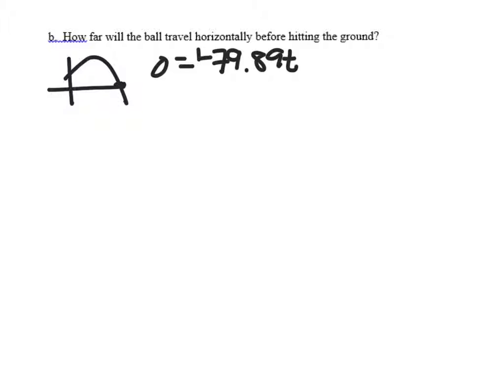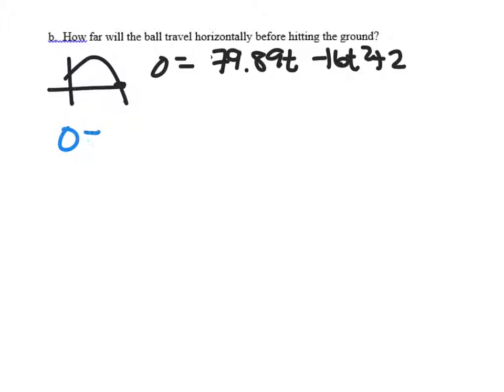If I want to know how far the ball traveled horizontally before hitting the ground, I'm going to have to figure out first how long it takes to hit the ground. So I'm going to have to basically find my x-intercept. 79.89t minus 16t squared plus 2. And so we're going to have to use the quadratic formula.